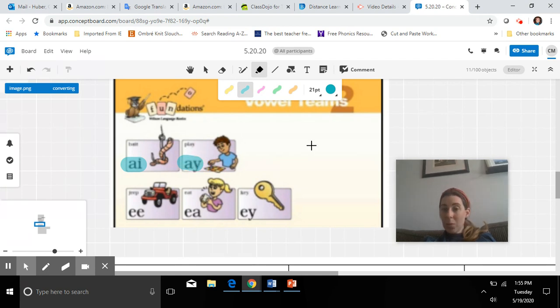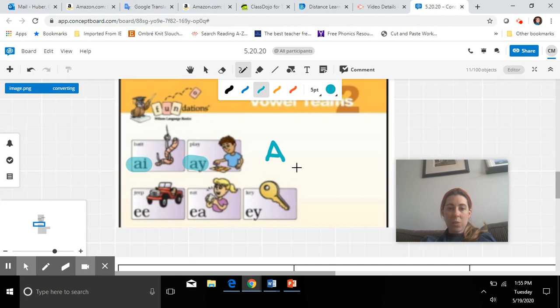When we see them in a word, usually they say A, just like we are naming the letter A. Okay? So when we see those vowels right next to each other, they make one sound, and that sound is A.